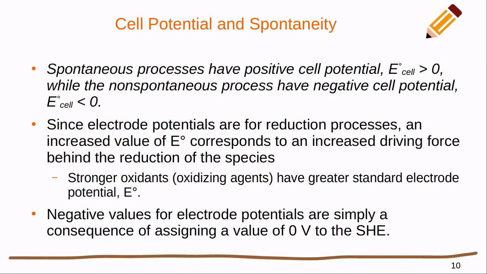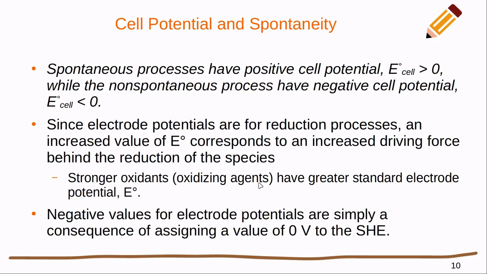If it wants itself to be reduced, that means that the thing it's going to react with is going to be oxidized. So by saying that it itself wants to be more reduced, you're saying that it's capable of oxidizing something else. That's where this language comes in. If I want to be reduced myself more, I am a stronger oxidizing agent to other species.